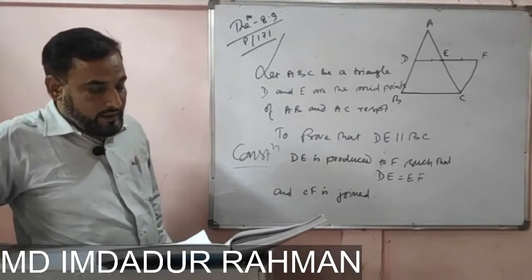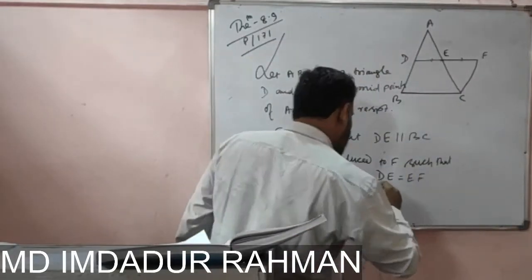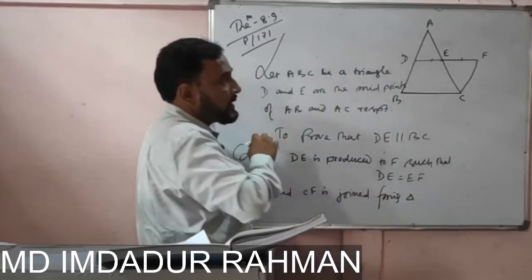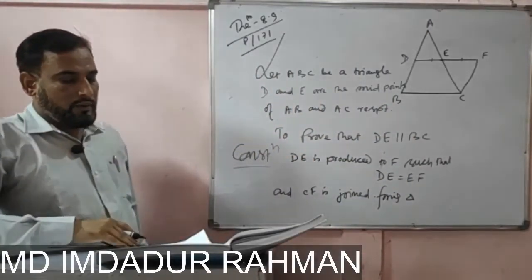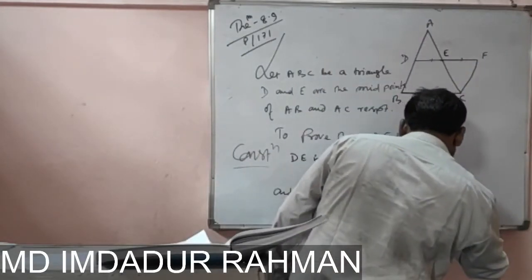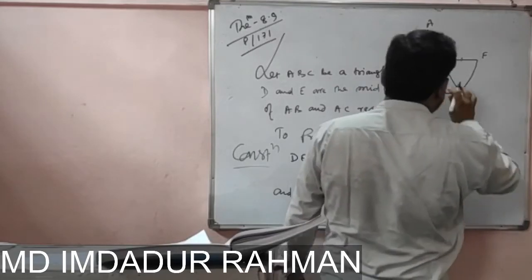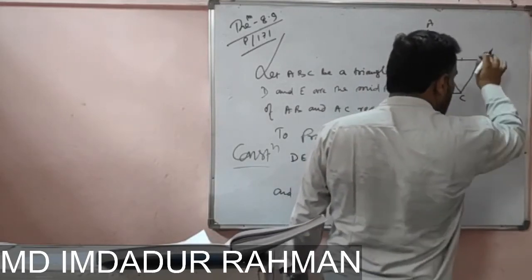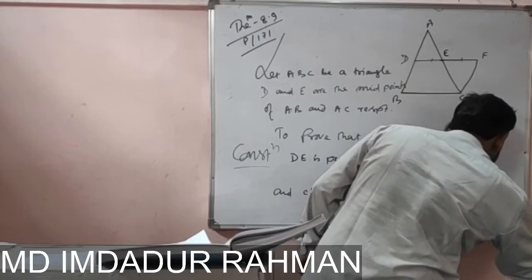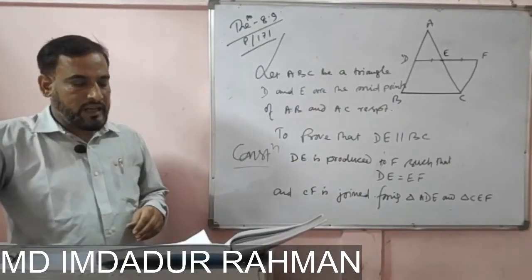Now what will we get? We will get two triangles forming, triangle ADE and triangle CEF. Two triangles we are getting. Now the next part is proof.